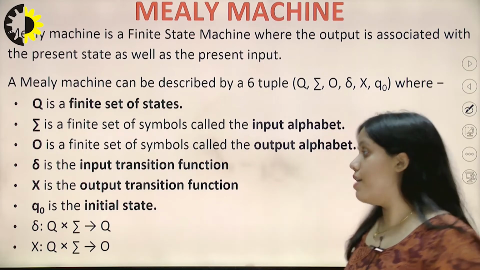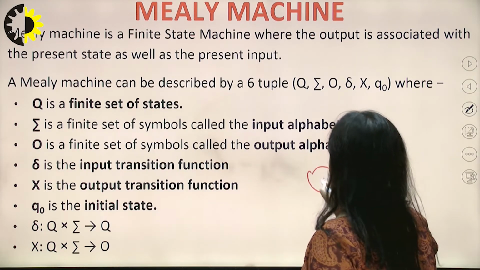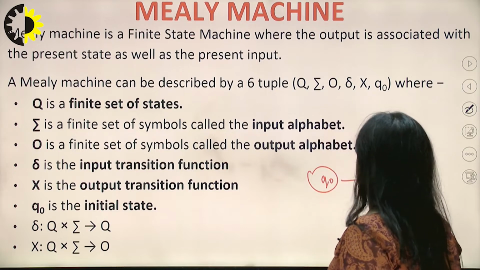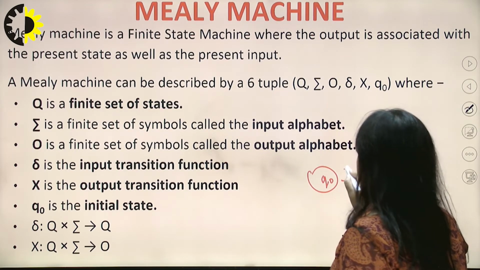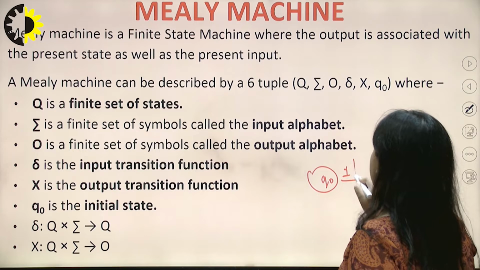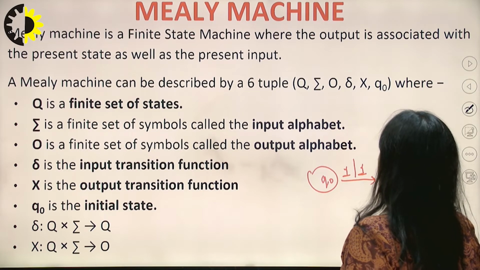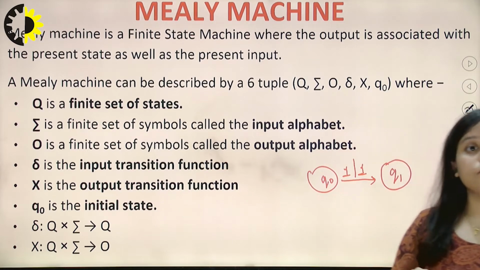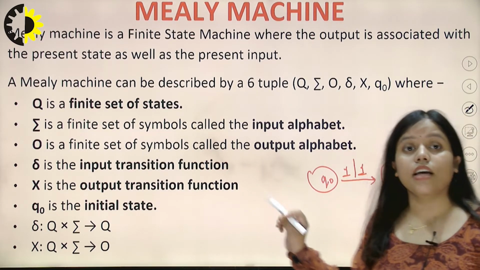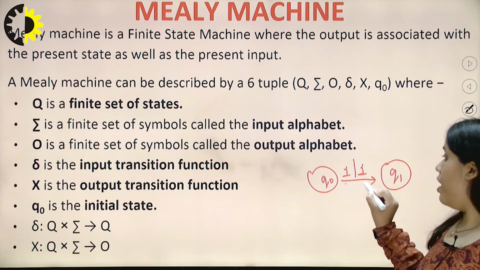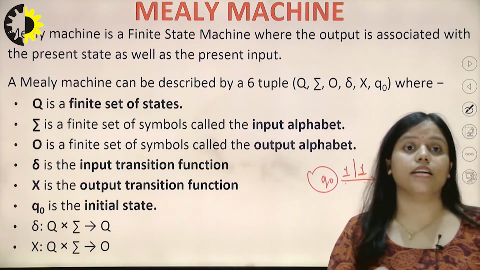As I say, if I go about Q0, we are giving an input 1 and it is returning an output and reaching Q1. So what we are saying here is that we are getting an input and output in the current state only.